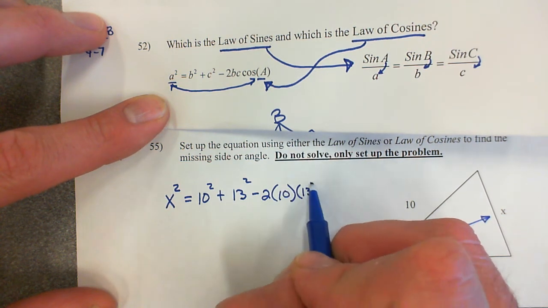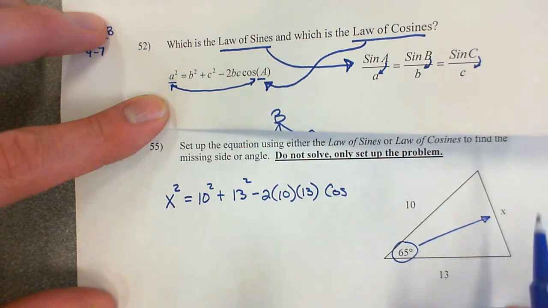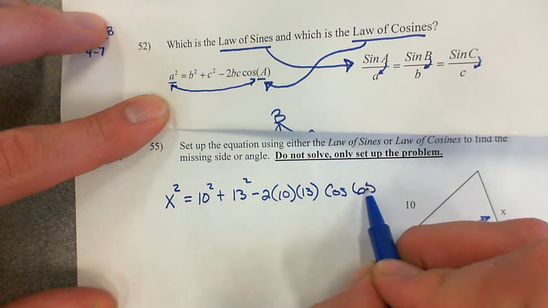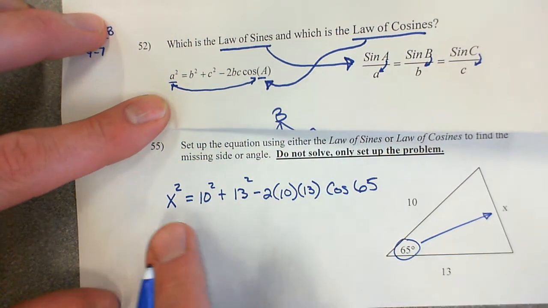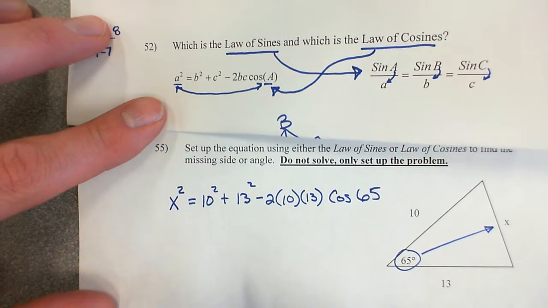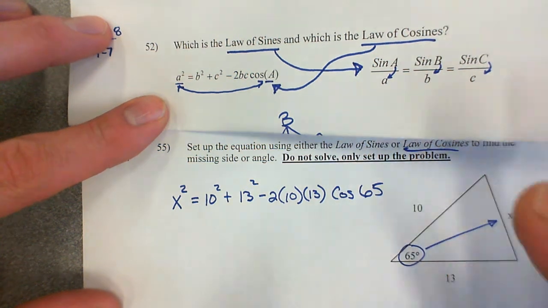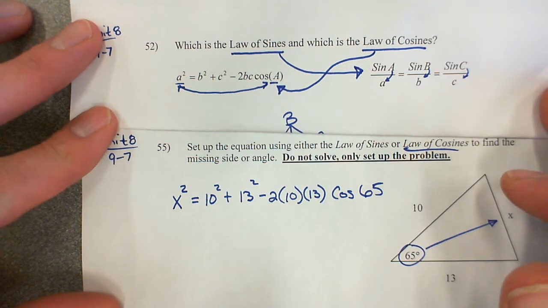So that's 10 times 13, and then that gets multiplied by the cosine of your angle, and your angle was 65. So this expression here would allow us to find out what side x was, and that time we used the law of cosines.